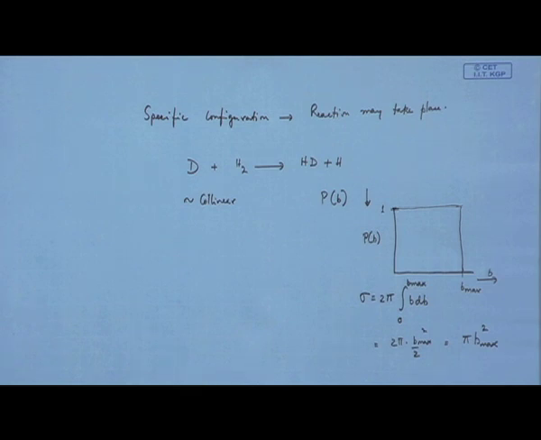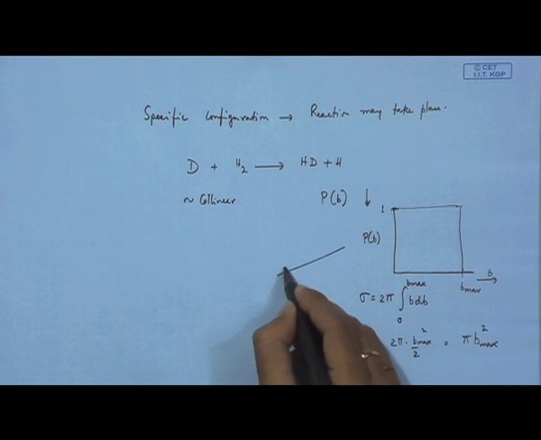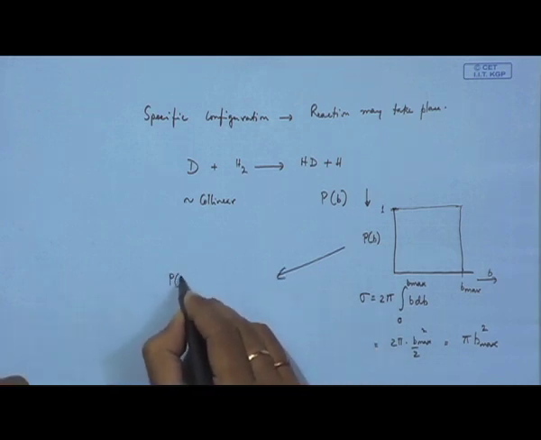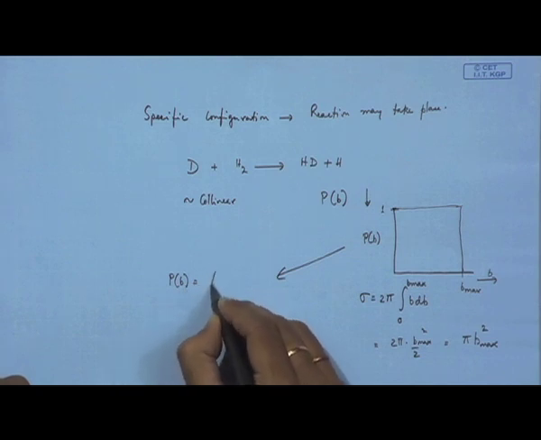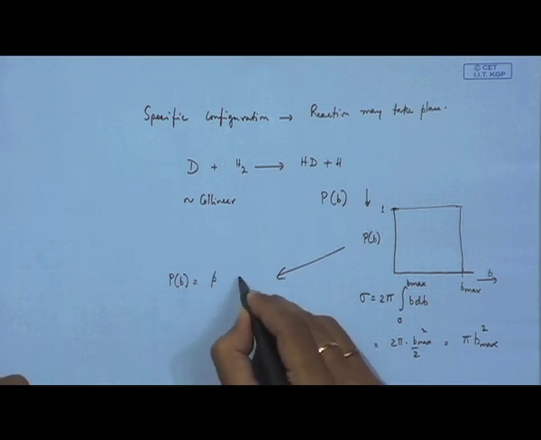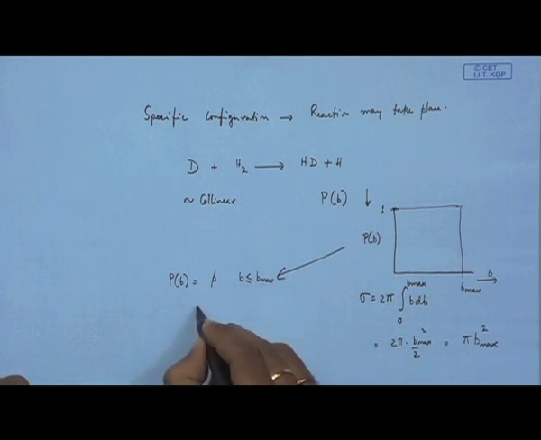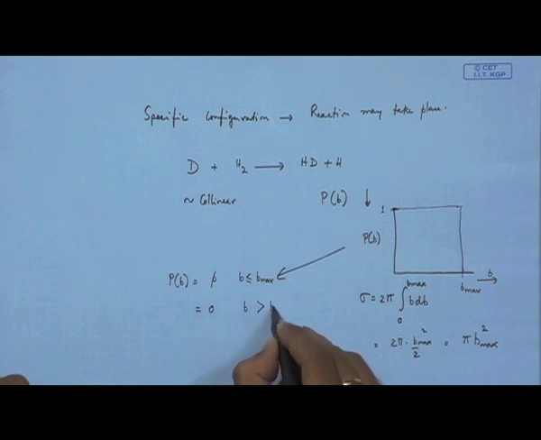So in that case you have to modify this to another step function: Pb is equal to P when B is less than or equal to B max, and is equal to 0 when B is greater than B max.